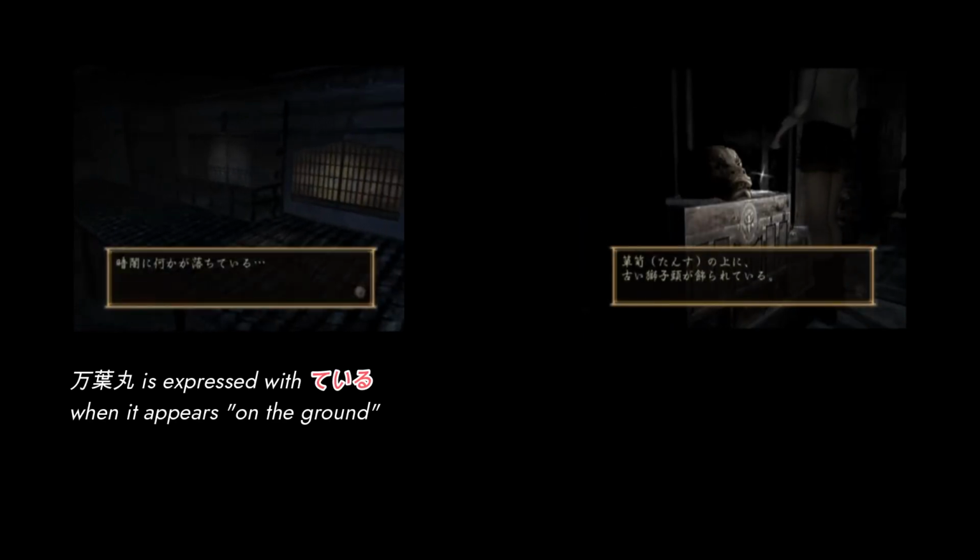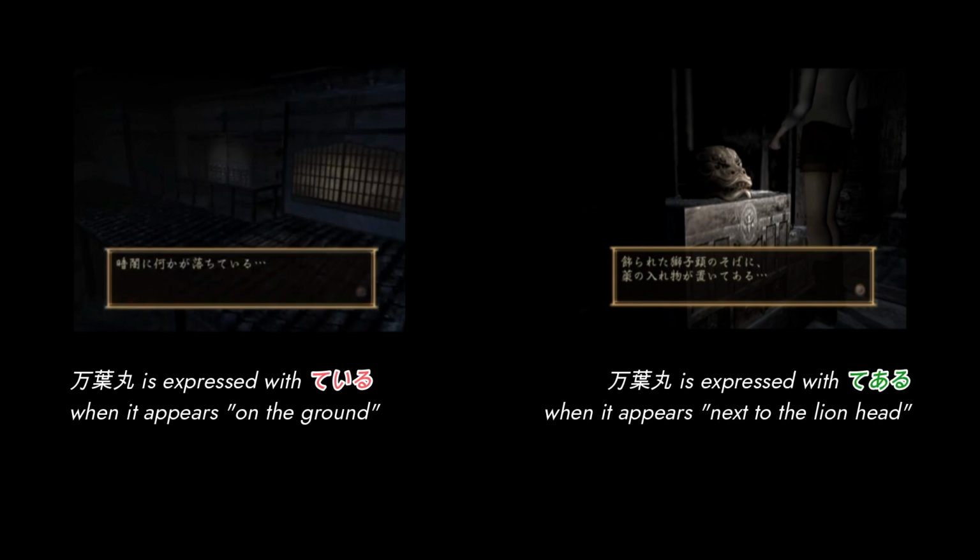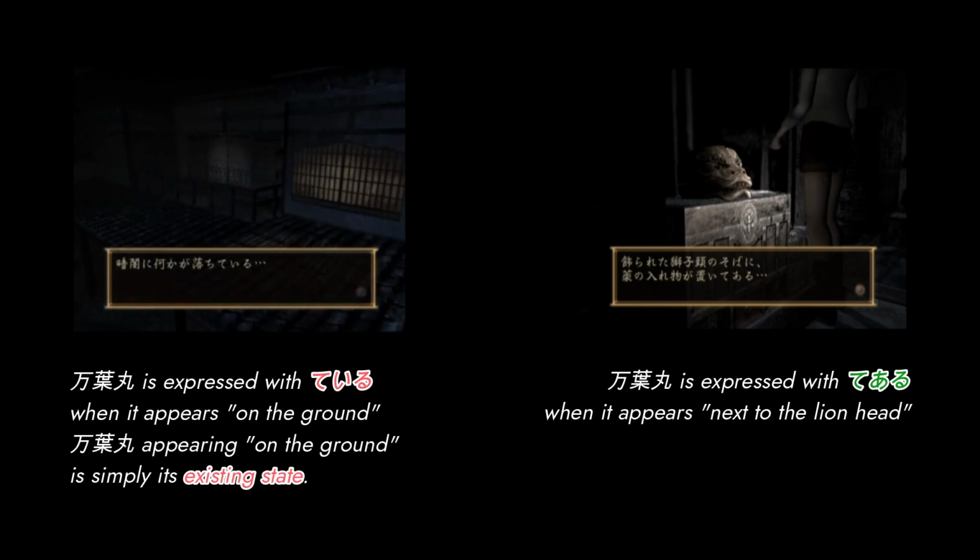Now, did you notice? Both items we are talking about are manual guns, and both sentences indicate the state of the manual gun's position. So, do you understand why the manual gun is expressed with ている when it appears on the ground, and with てある when it appears next to the lion head? It clearly explains that the manual gun appearing in the corner is simply its existing state.